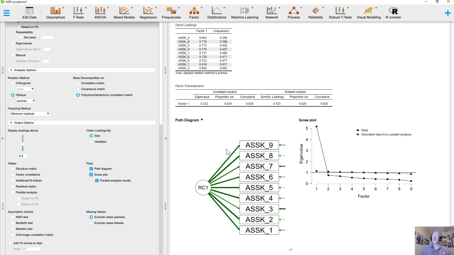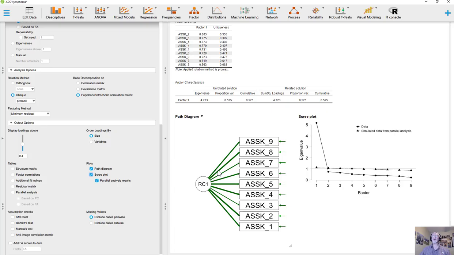This is called a common cause model. It's the idea that all of these symptoms are due to this one common cause, and this model is fundamental to McDonald's omega, or coefficient omega.